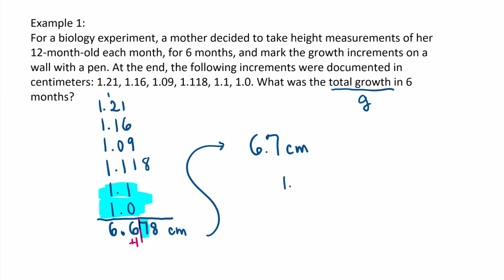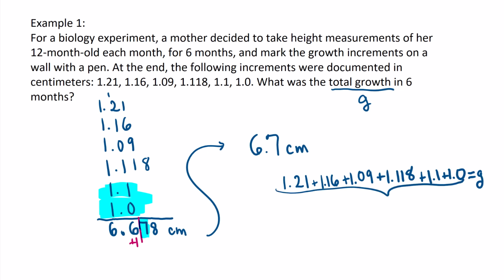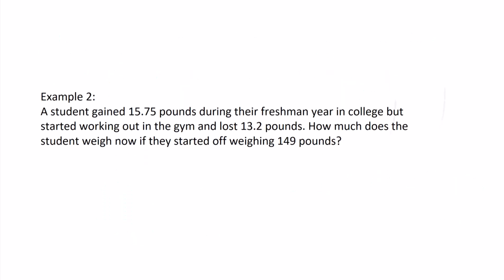So we could write it as 1.21 plus 1.16 plus 1.09 plus 1.118 plus 1.1 plus 1.0 equals G. Now, we would still need to round for accuracy purposes, but this is how we could solve it. So we could say that 6.7 centimeters equals G, the growth of the child.